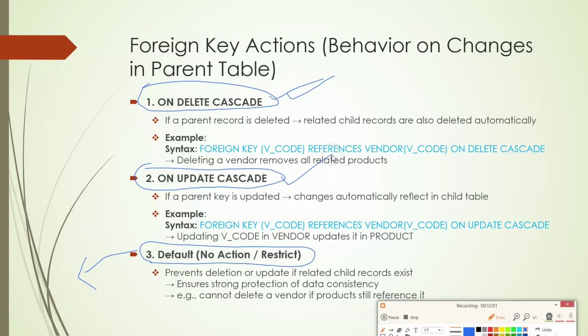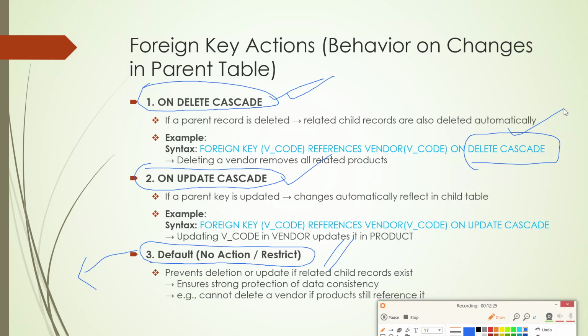But if we write on delete cascade, for example, at the end of this foreign key, then if we want to change the value in the main table, the records in the child table will automatically be deleted.